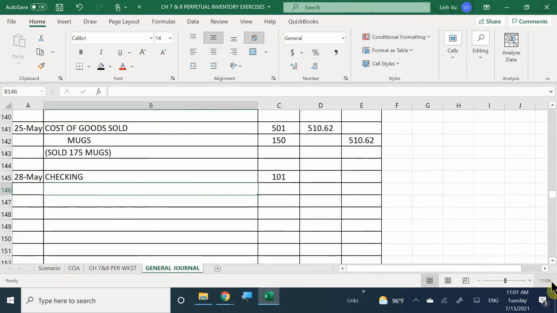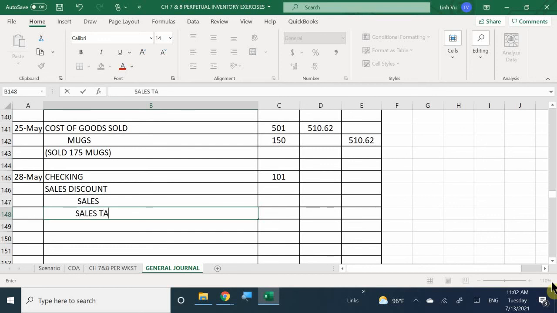So in this case, we need to give him a sales discount. Minus 54.13. Where did you get 54.13? Because you included the tax, 10%. Can you discount tax? No. Okay, that's what I messed up.